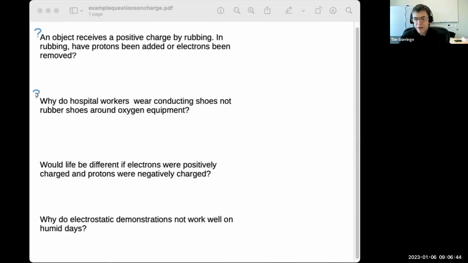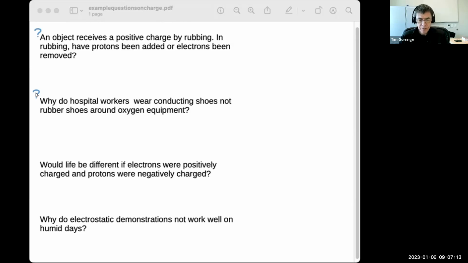Well, the reason for this has to do with the different properties of conductors in the conducting shoes and insulators in a rubber shoe. In conductors, charge can flow through the conductors. Electrons can flow through the conductors. In an insulator, charge can't flow through the insulator. The electrons won't flow through the insulator.